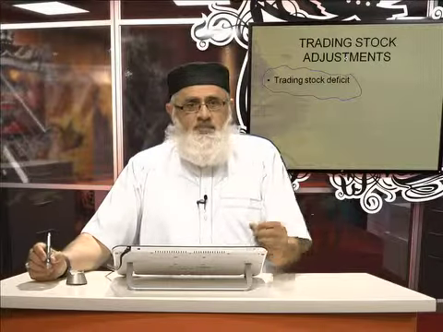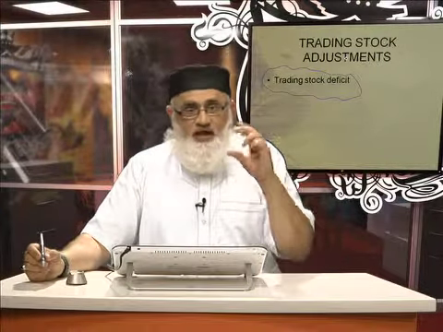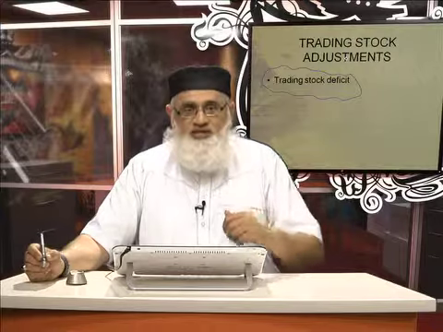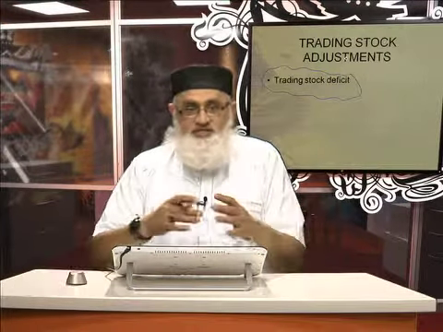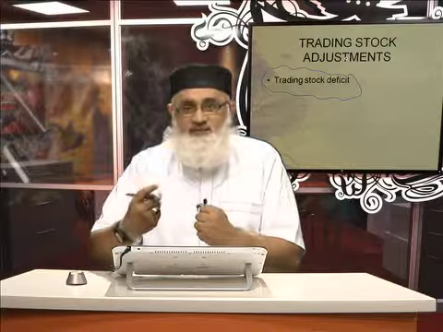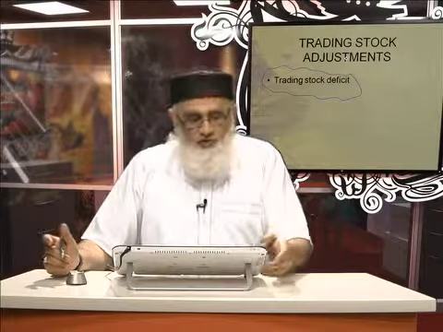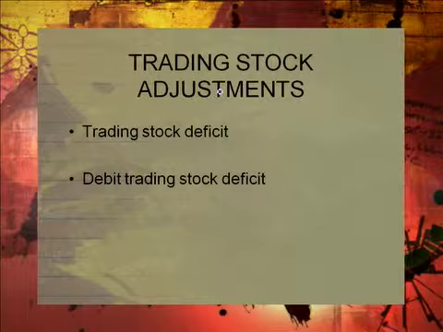Number one, if you identify that a certain value of trading stock has been damaged, is obsolete, or has been destroyed due to a flood or a fire, then certainly you're going to identify the expense. Therefore, your two accounts would be: you will debit a trading stock deficit account.